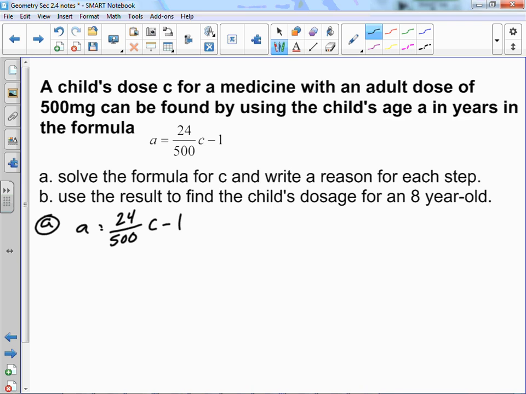So, first thing we would do, add 1 to both sides. So we have A plus 1 equals 24 over 500 C. And then to get C by itself, we would divide by 24 over 500 times C. It's the same thing as drop it, change it, flip it, so multiply by its reciprocal, 500 over 24.